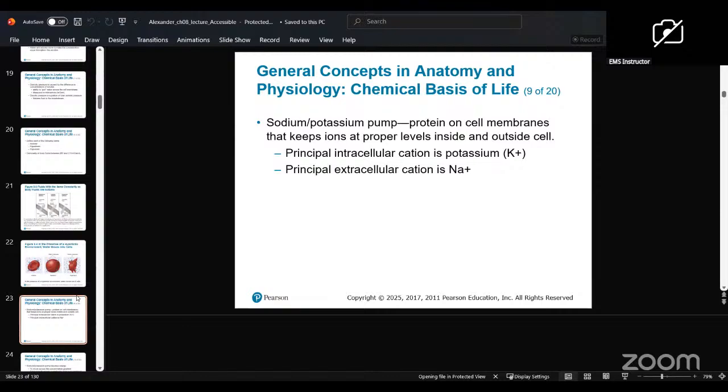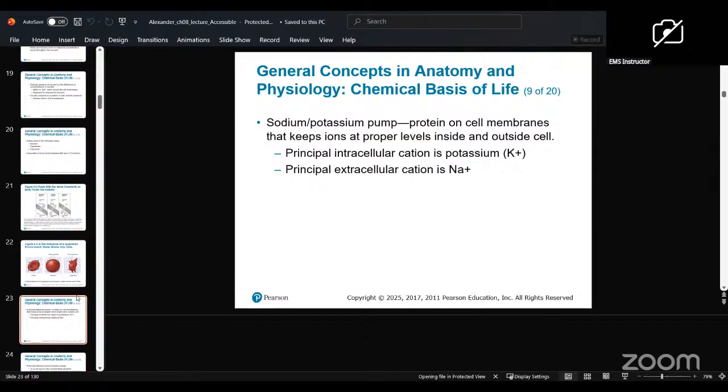When we talk too little or too much potassium in the body, we start to get rapid changes. You can get EKG changes, blood pressure changes, heart rate changes, breathing changes. This can throw you into lethal arrhythmias and can kill you.